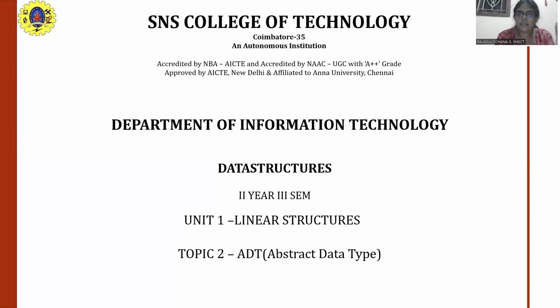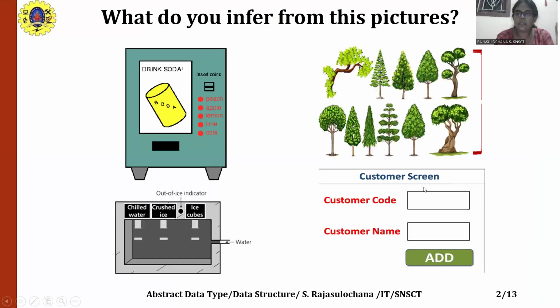Before explaining what an abstract data type is, let me look into some examples. What do you infer from all these pictures? From the first picture, you could see if you insert a coin, you will get a soda to drink, right? In the second picture, it is a freezer box, a kind of refrigerator.